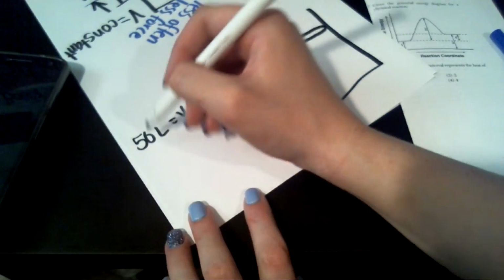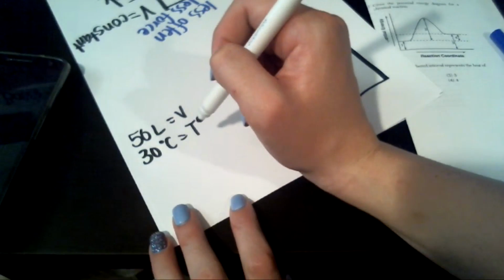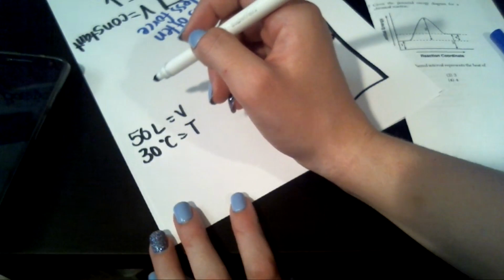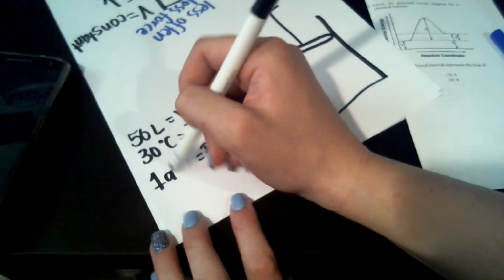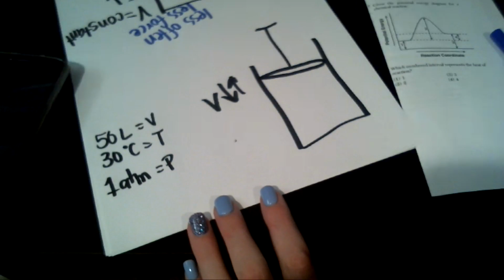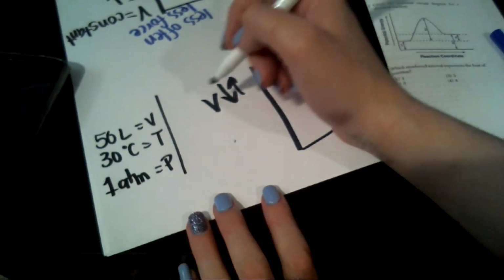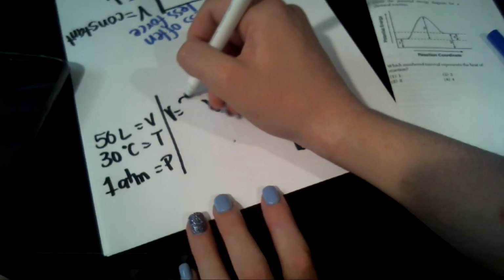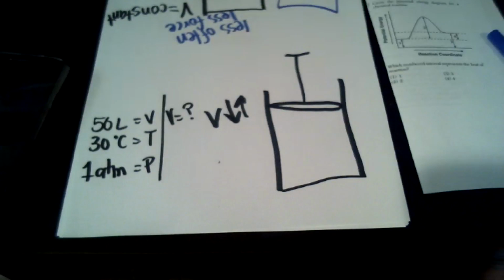We have 50 liters for the volume, 30 Celsius for the temperature, and the pressure is going to be 1 atmosphere. What is the volume of the gas if we change it to STP? That's the question. What is STP?